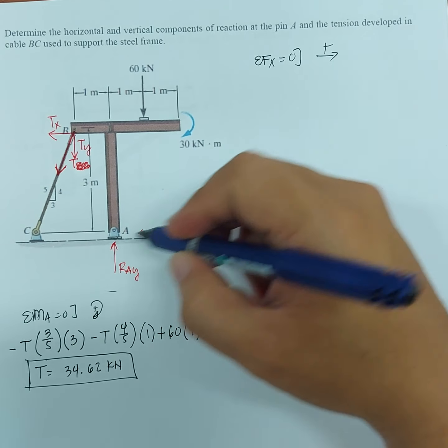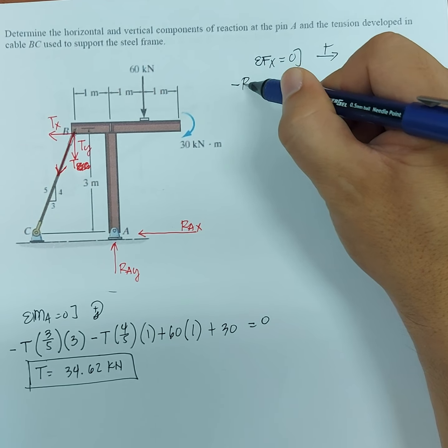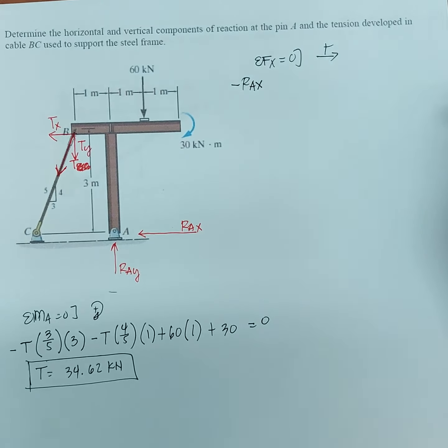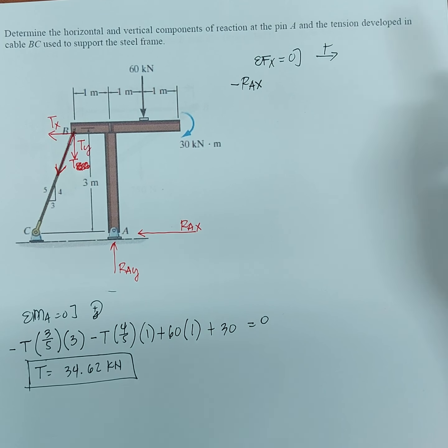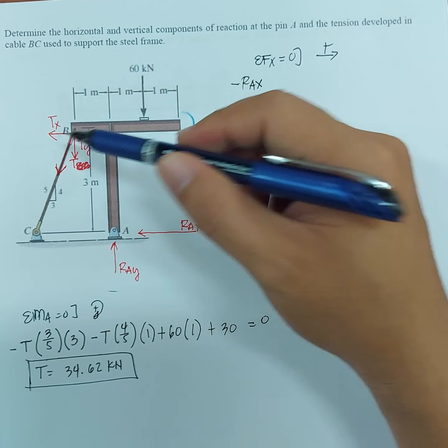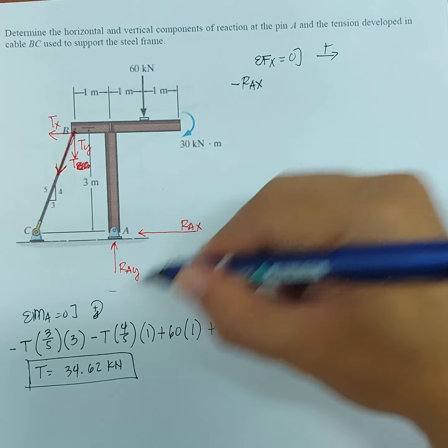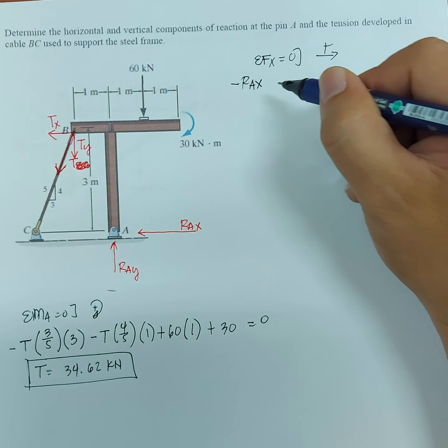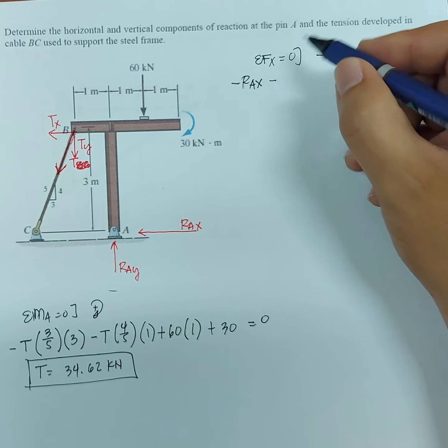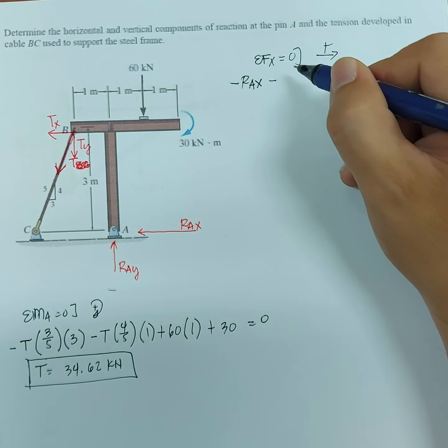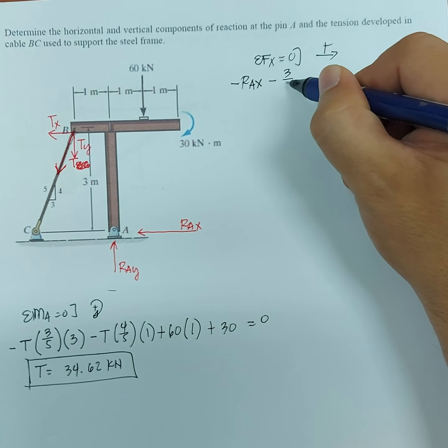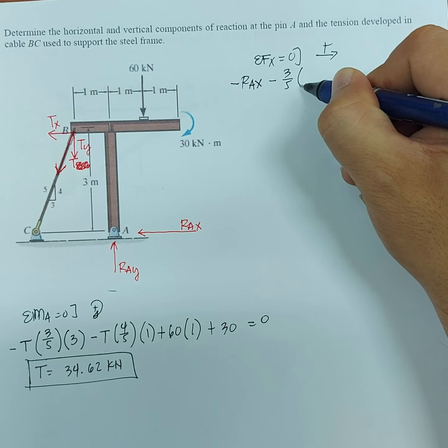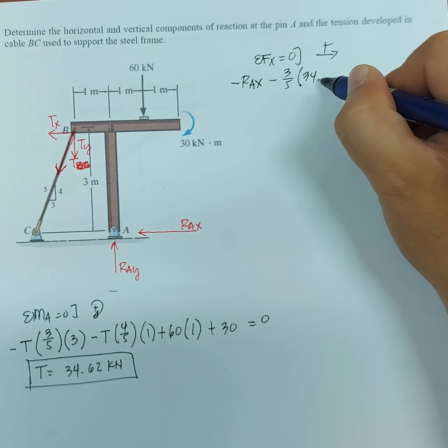We have assumed it to be directed to the left. So minus RAX. And what else? Our TX, directed to the left. So minus TX, which is 3/5 of T, which was solved a while ago, 34.62.